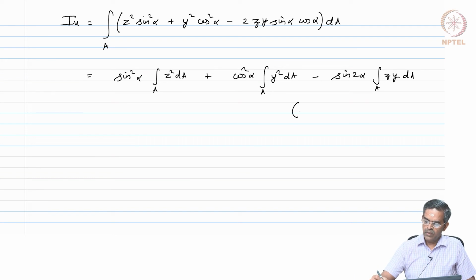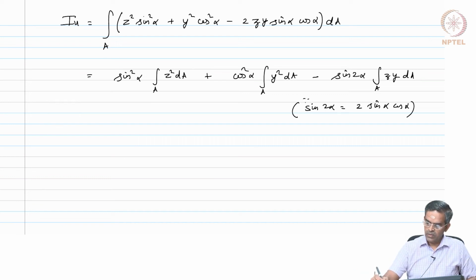How do we write this? We know sin 2 alpha is 2 sin alpha cos alpha. We know this, is it not?